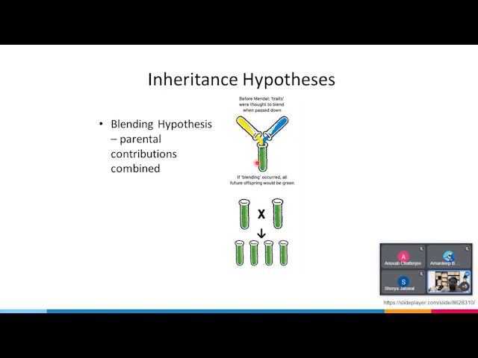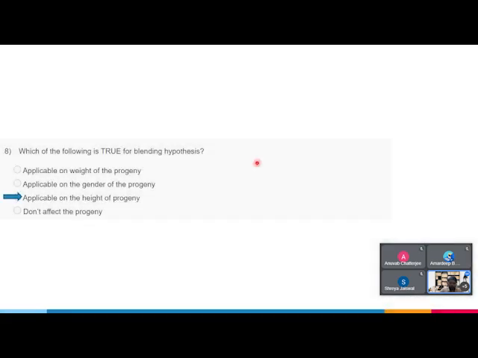So essentially, in that case, it looks as if the blending hypothesis is working because a lot of genes are working together, and those do not always follow the Mendelian laws because a lot of things are in there. So for which of the following is true for the blending hypothesis, it is applicable on the height. So, anyone wants to add anything to this?